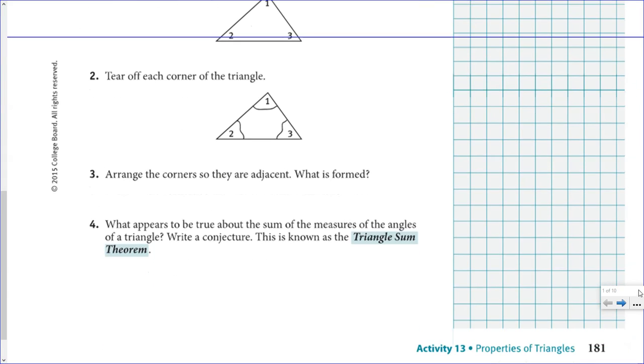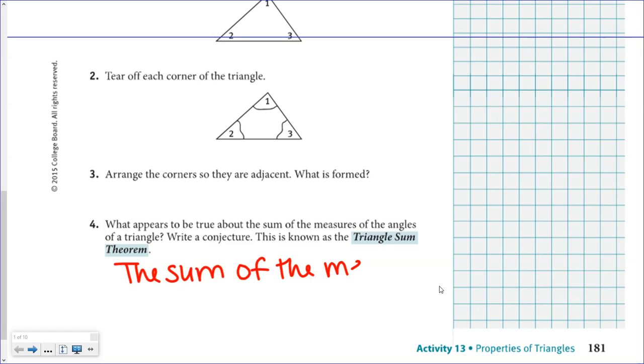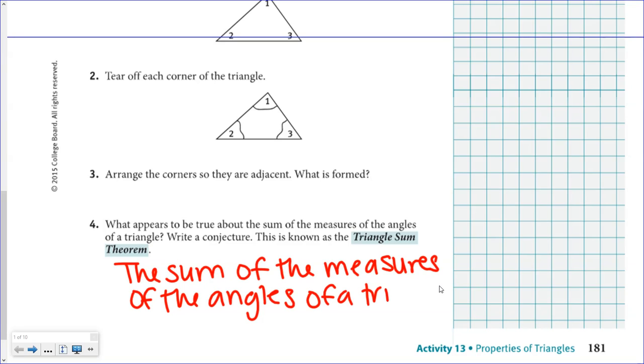Then it says that we are going to write a conjecture, and it's going to be called the triangle sum theorem. The sum of the measures of the angles of a triangle: we made a straight line with them.